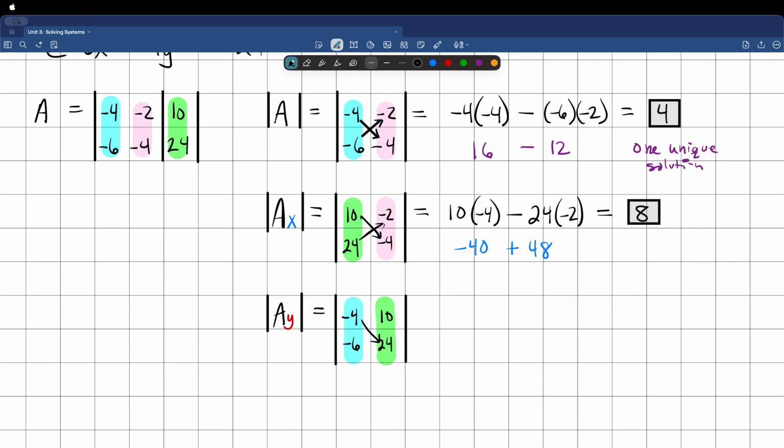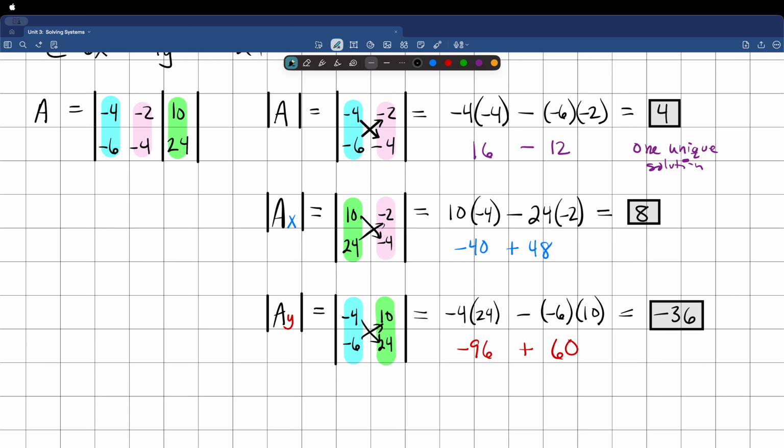Our first step is to multiply negative 4 times 24, and we're going to subtract negative 6 times 10. So negative 4 times 24 is going to give us negative 96. We're going to be adding 6 times 10, which is 60. And so this gives us the determinant of the y solution as negative 36.